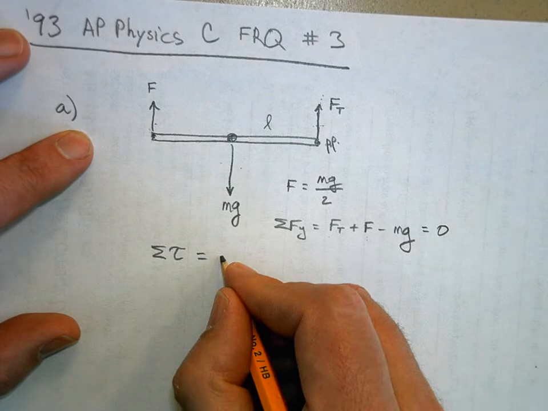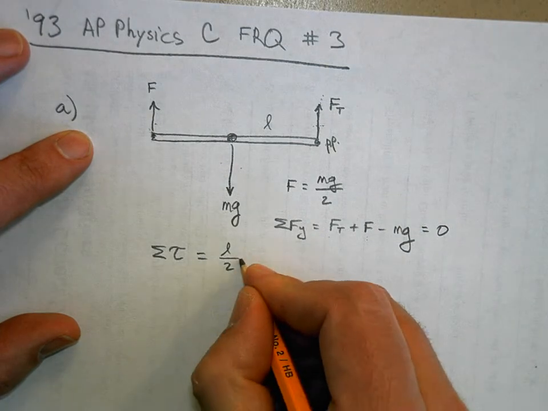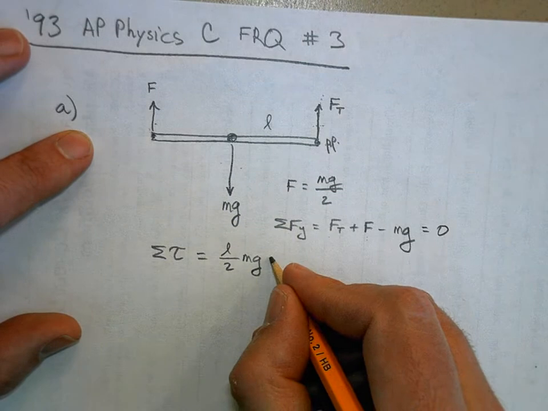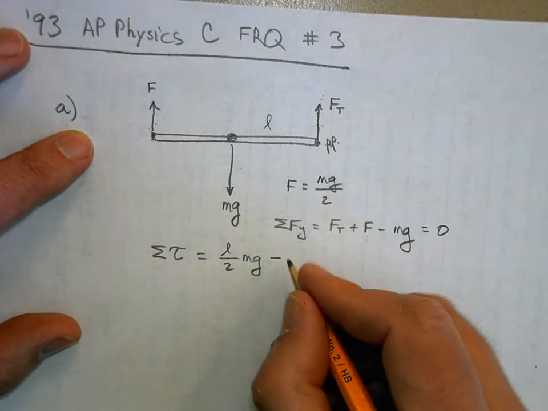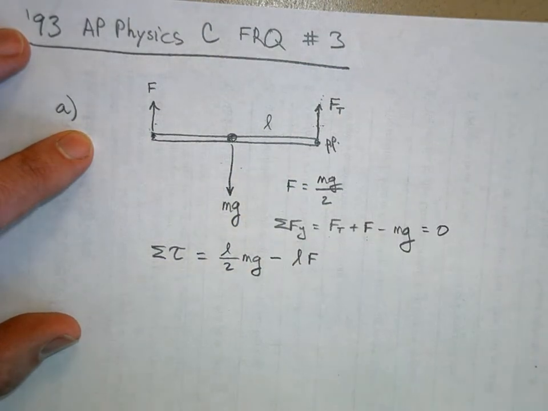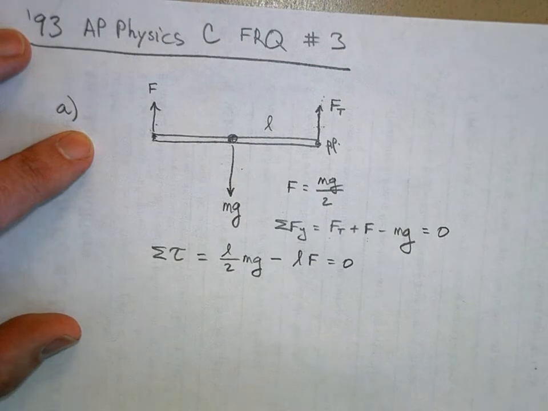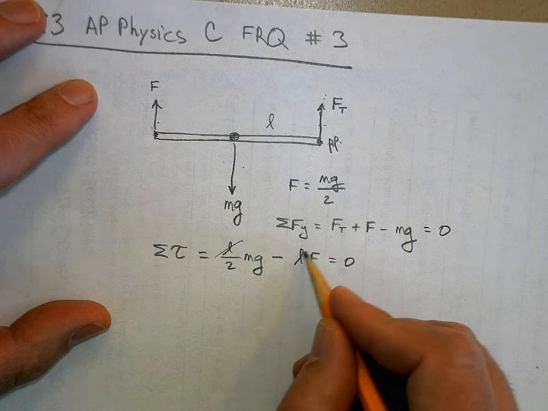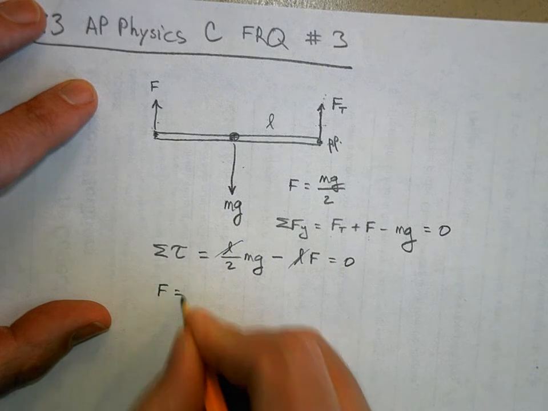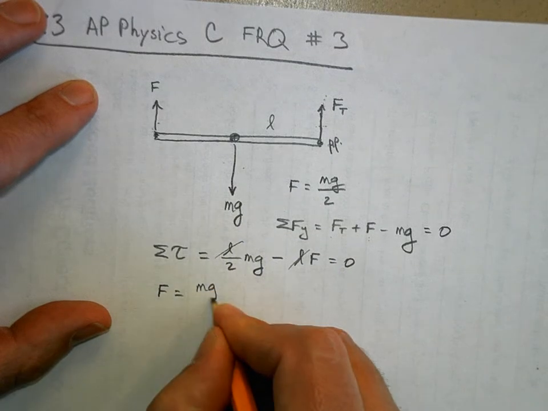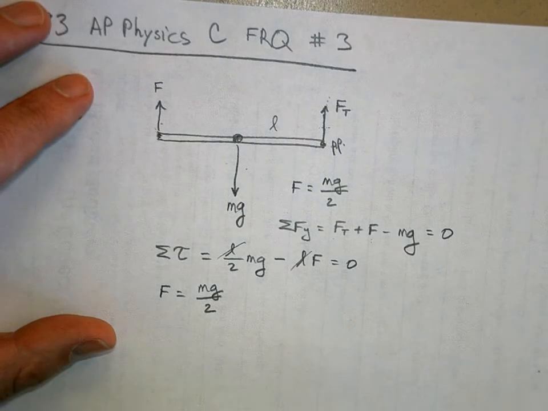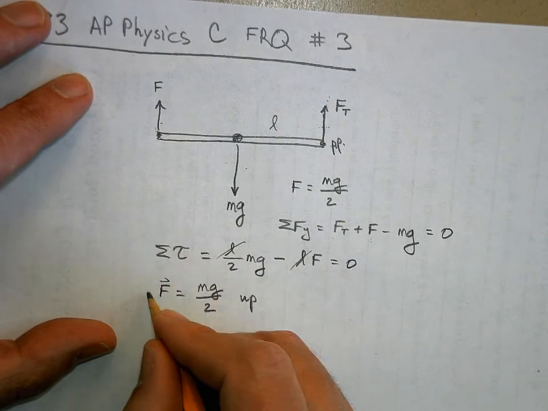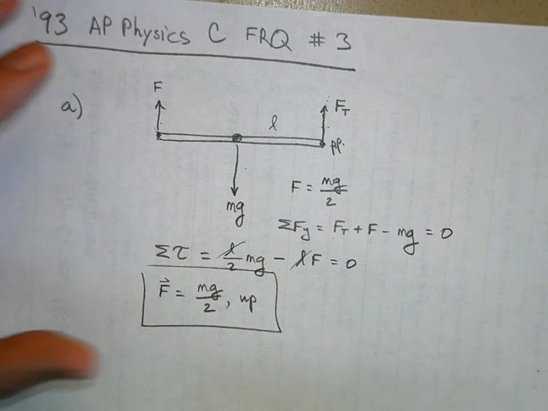So this is going to be r cross F, which is L over 2 times mg, and that's going to be my positive torque, minus this torque, which is just going to be L times F. And that has to be equal to 0. So divide both sides by L, and you get F equals mg over 2, which you knew anyway, right? But we just proved it. And it's going to be up. That's good enough.